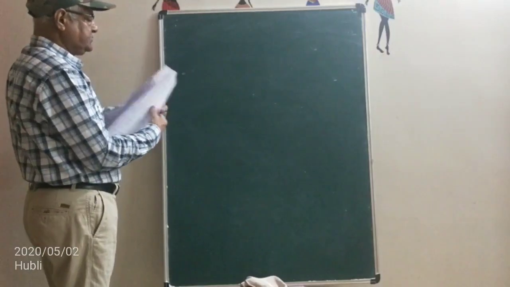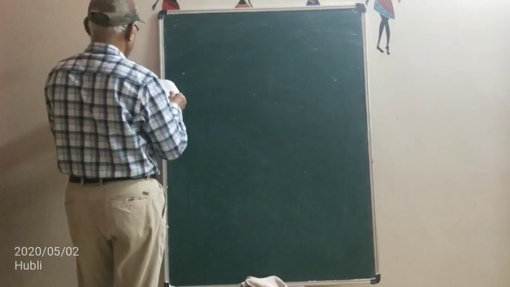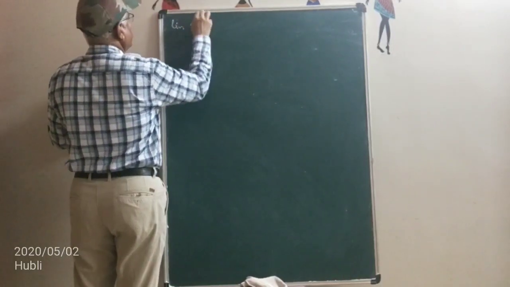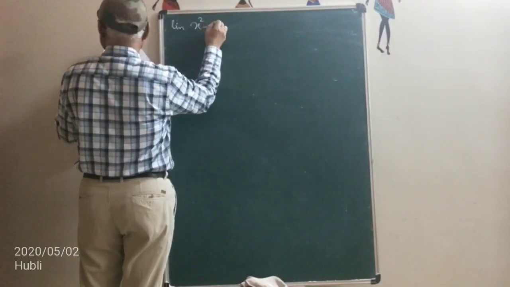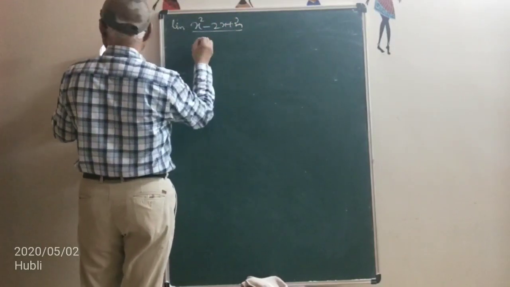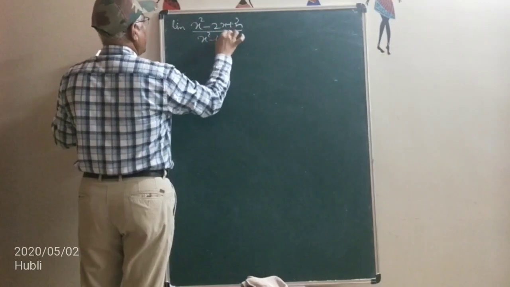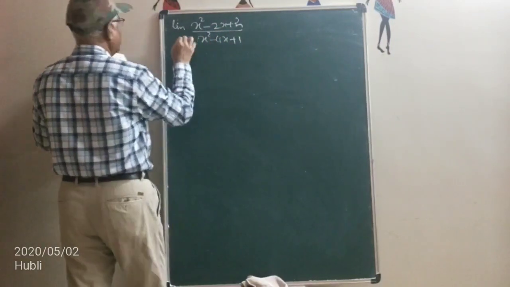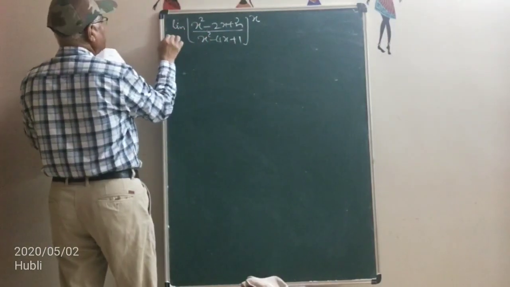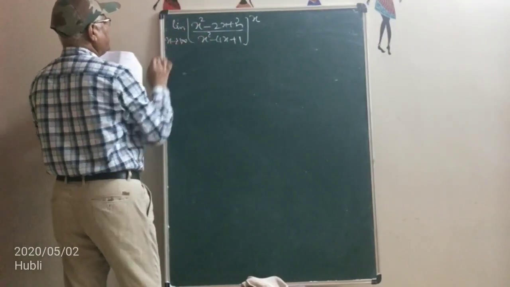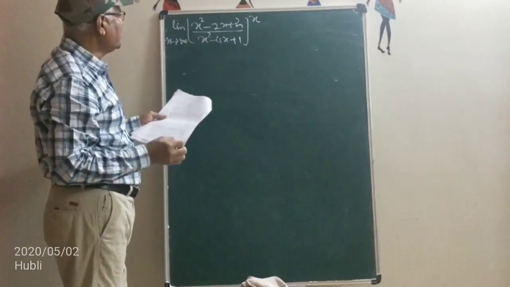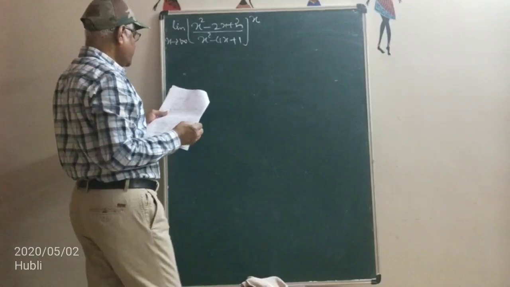Limit of x square minus 2x plus 2 divided by x square minus 4x plus 1, raised to x, as x tends to infinity.